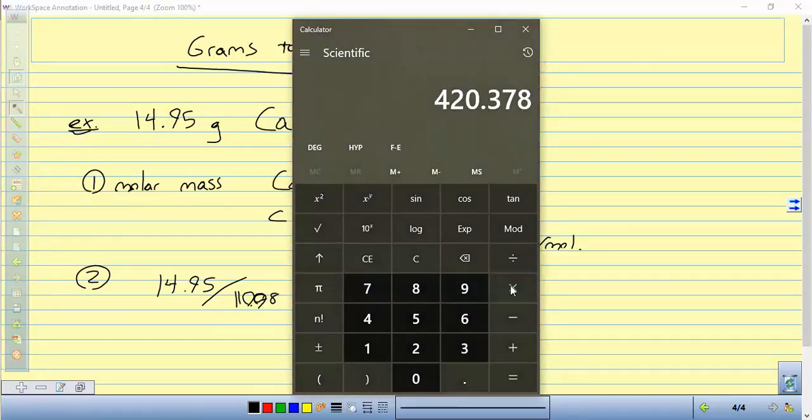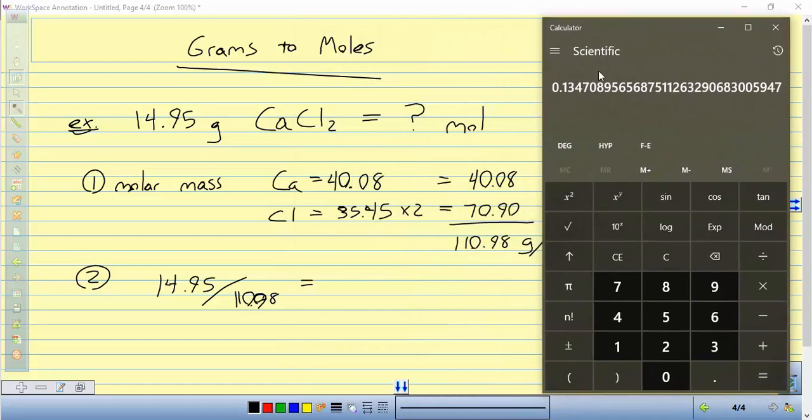Pull out my calculator. Okay, and if you're going to do this kind of reason it out method, you need to make sure that the numbers make sense. Again, this answer is a number less than 1, and that's what I wanted, because I only have 15 grams. 1 mole is 110 grams, so I have less than 1 mole, and this is a number less than 1, so that does make sense.